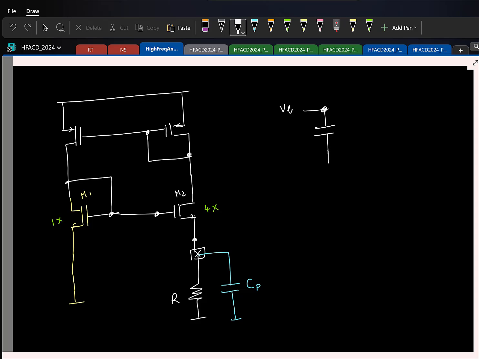This is to ground, right? So if there is any disturbance here, the capacitor will provide a low impedance path, so nothing changes. In other words, if whatever thing you're connecting here draws a lot of high frequency currents, that need not be provided by VB, the capacitor will provide it, right?